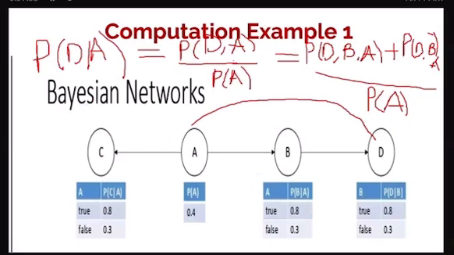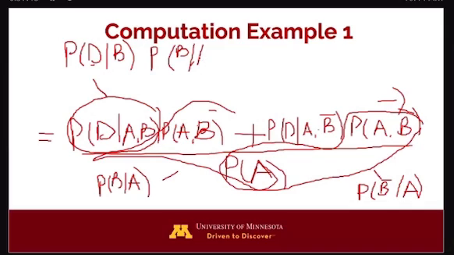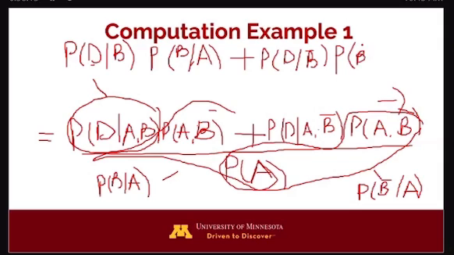So now, you already know this guy to be the probability of B given A, plus, the same thing here, the probability of D given B complement, then the probability of B complement given A.